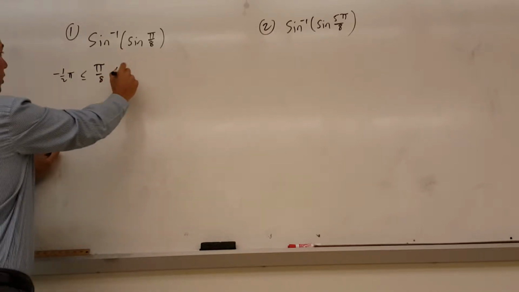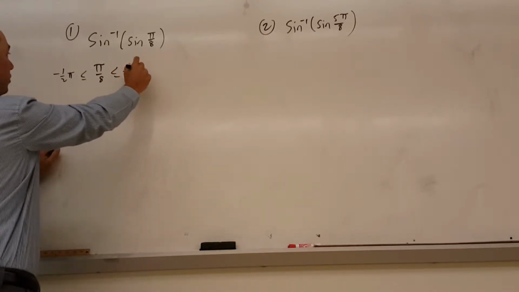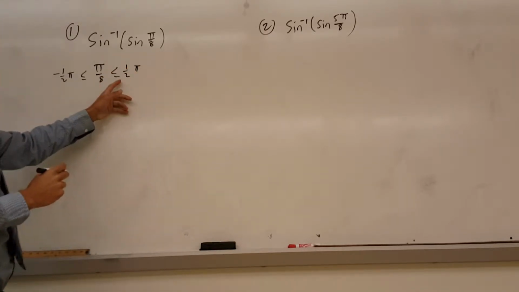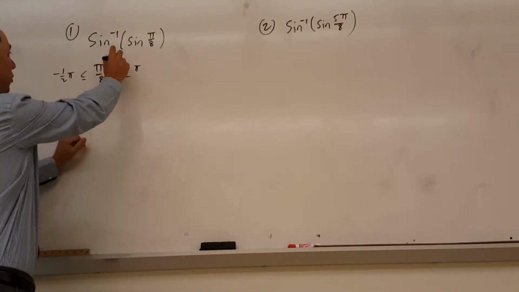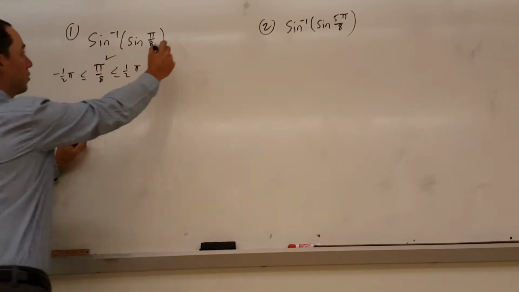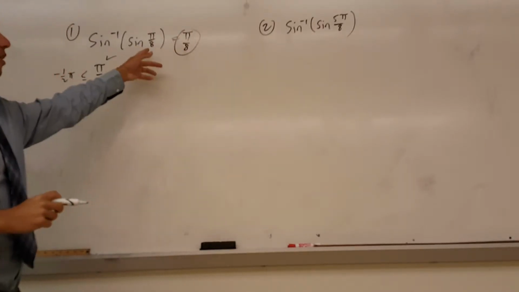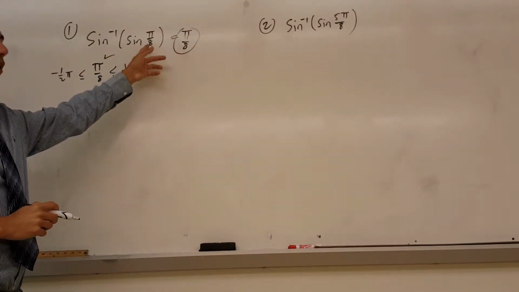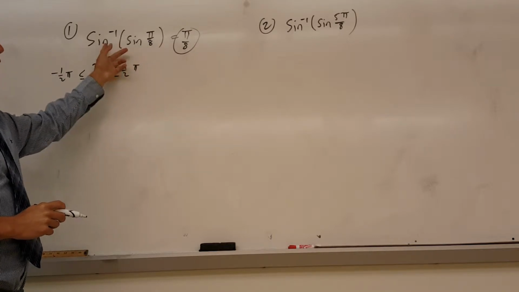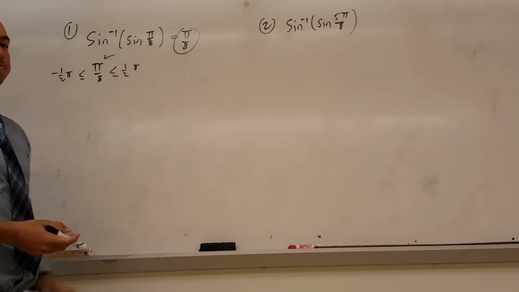Yes. Is it less than or equal to 1/2 pi? Yes, 1/8 is less than 1/2. We're good, I put a little check mark. Which means these will cancel out, and you'll get pi over 8. We took the sine of pi over 8, which gives us the ratio value, and then the inverse of that ratio value gets us back to the angle.